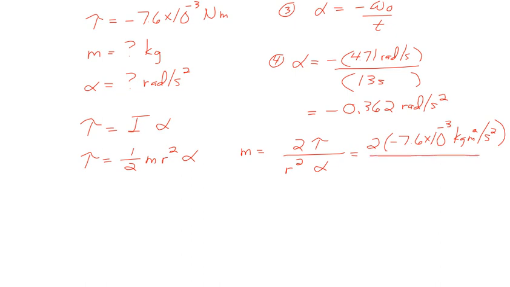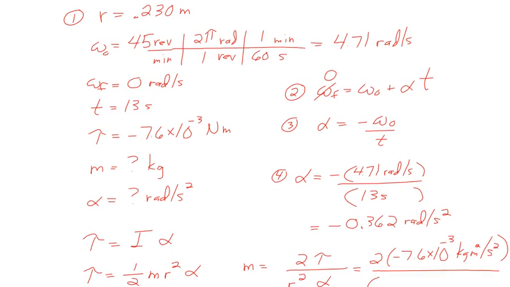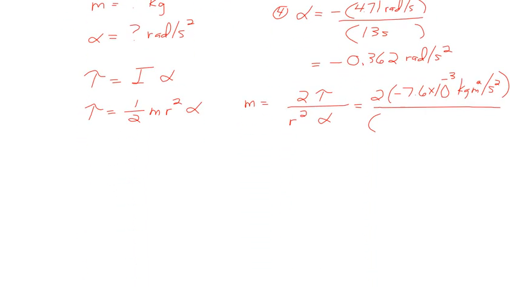And then I'm going to divide that by the R in the problem, which was 0.230 meters squared. And then the alpha is negative, so notice the negatives will cancel out here. Negative 0.362 radians per second squared.